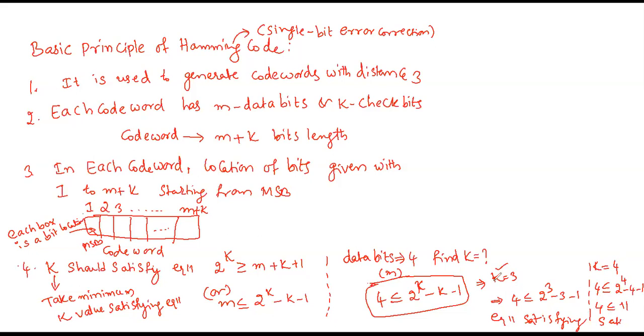So this equation is satisfied for k is equal to 3 and k is equal to 4. Which one to choose? Take the minimum k value. So the minimum k value is 3. For example, if you take k is equal to 2, 4 should be less than or equal to 2 squared minus 2 minus 1. It is not satisfying.